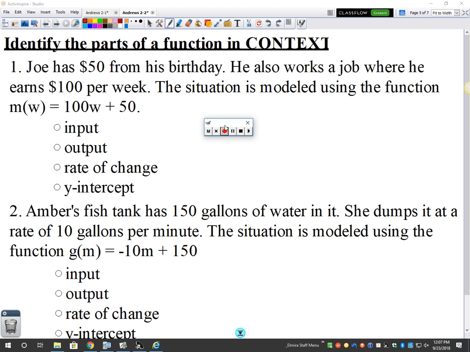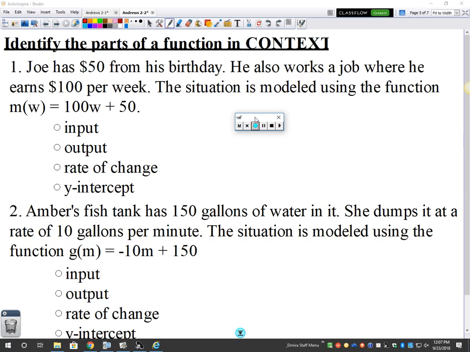Okay. So let's just use word problems and practice identifying the parts of a function in context. So Joe has $50 from his birthday. He also works a job where he earns $100 per week. The situation is modeled using the function m of w equals 100w plus 50. So the equation is given to you.